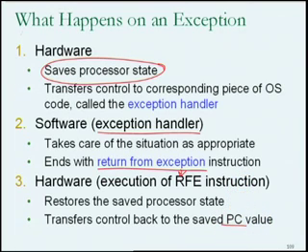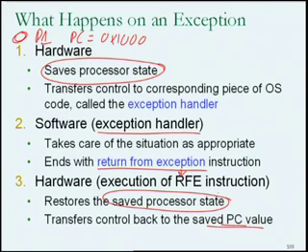So whatever process happened to be executing, it might have been process P1 executing at the PC value hex 1000, that's where control should be transferred back. We're back to process P1 because we restored its saved state, and resuming from the correct PC value, which we knew because that was part of the saved processor state.